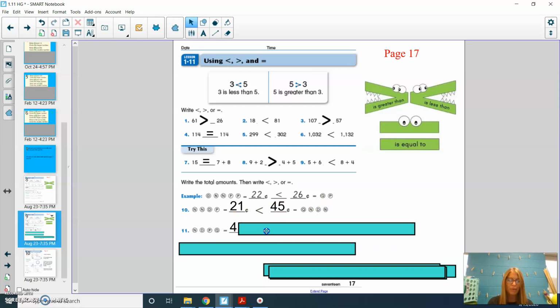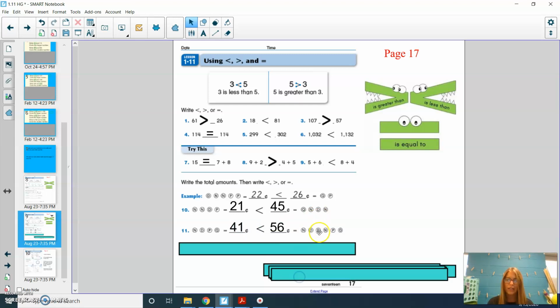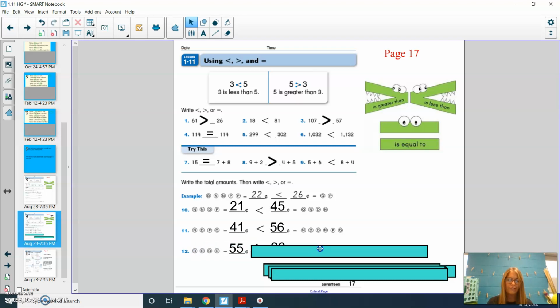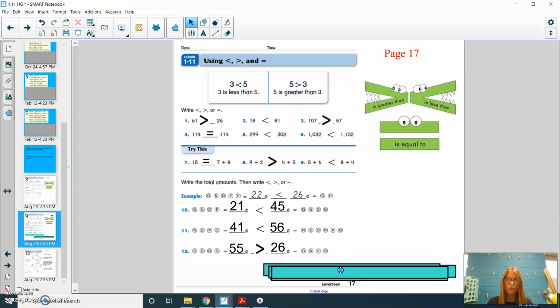When I counted up the money for number 11, I had 41 cents, and then I also had 56 cents. I know that 41 cents is less than 56 cents. And for our last problem, I had 55 cents, which I know is greater than 26 cents. If you have any questions on this page, you can ask your classroom teacher.